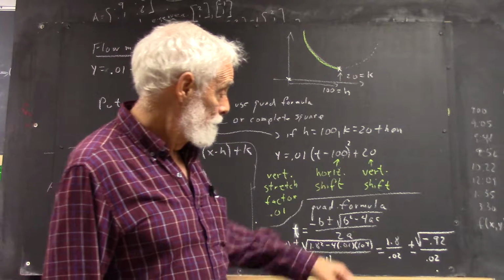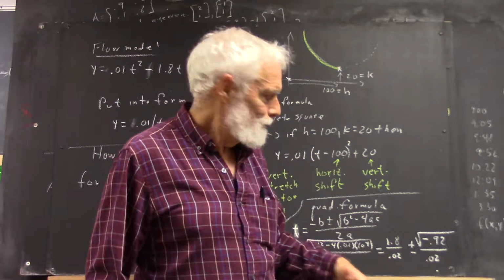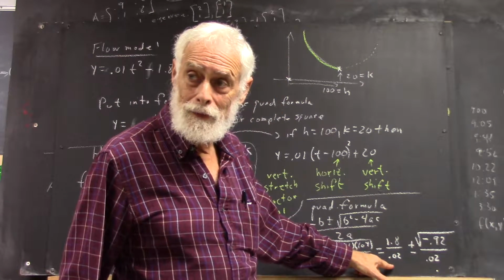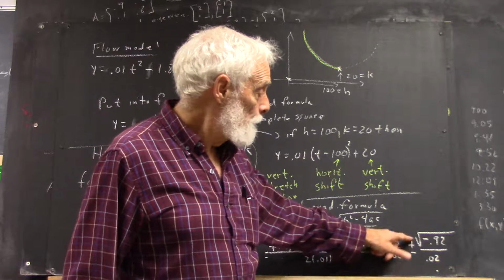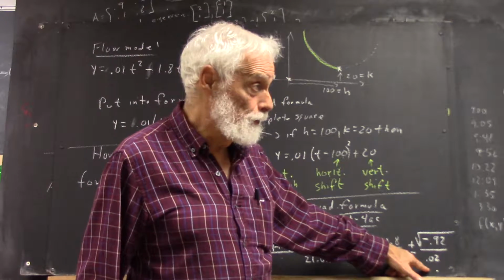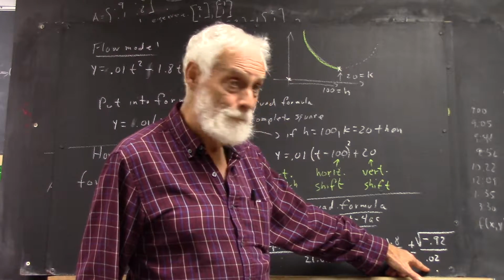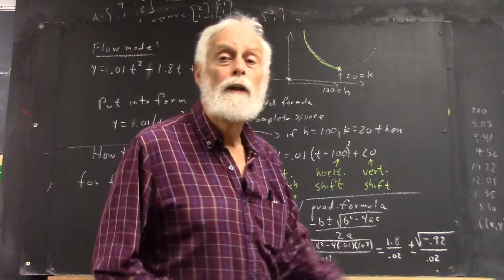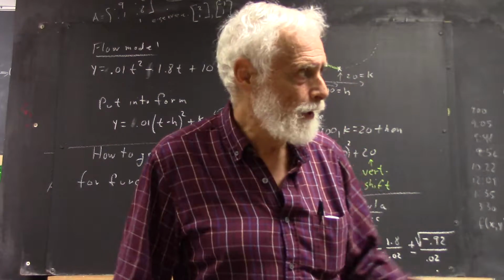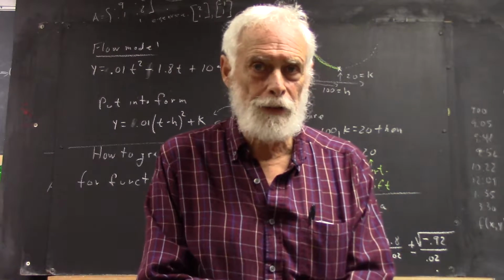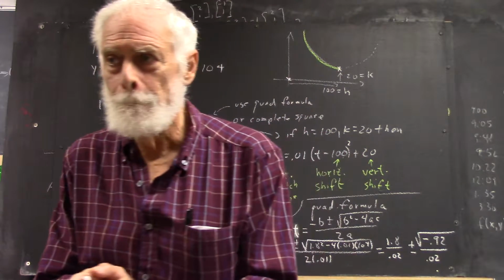Because this number here is what? 90. Okay? It's 90 plus or minus some number that doesn't change, right? Even if it's an imaginary number. So if this wasn't an imaginary number, if this was 10, what's halfway between 90 plus 10 and 90 minus 10?